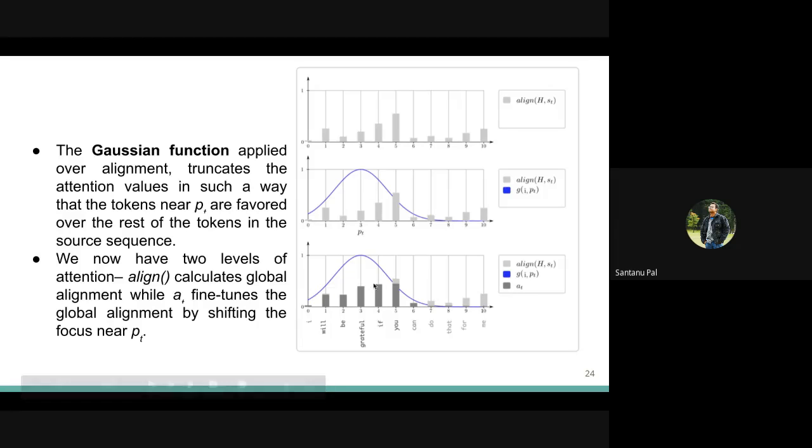So the highest weight is here, the center of the window, which is considered as PT. So you can calculate your attention weights and context vector, and you can train your neural network through backpropagation and gradient calculations.